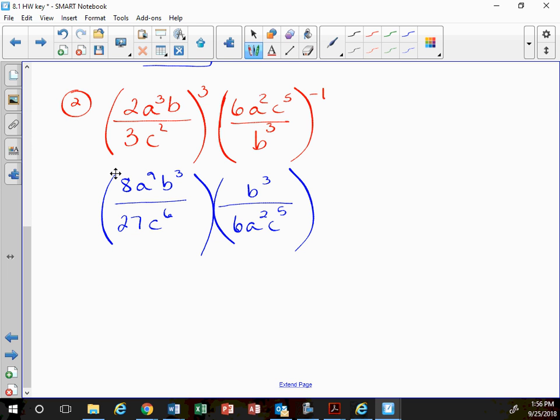Okay. Let's deal with all of our coefficients first. So off to the side, let's think about it. I have 8 over 27 times 6. I don't want to multiply 27 times 6. How about I reduce first? What can I divide 8 and 6 by? 2.